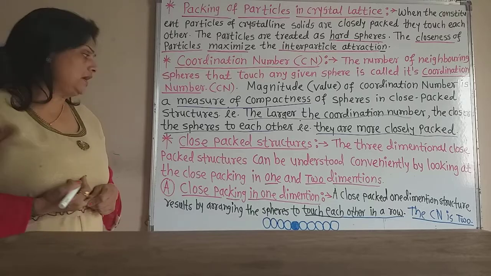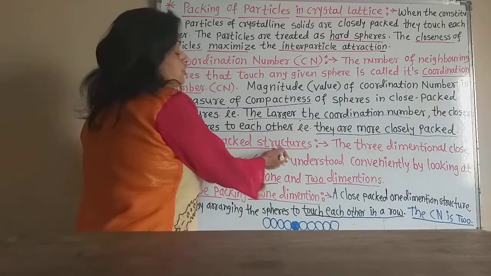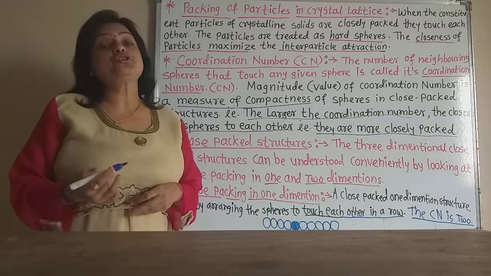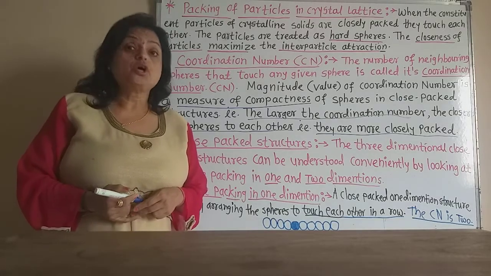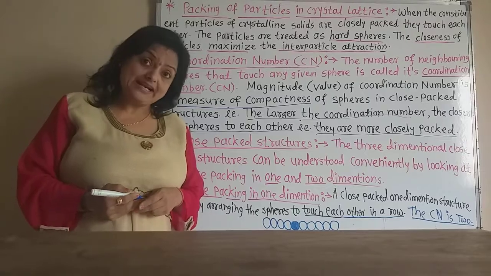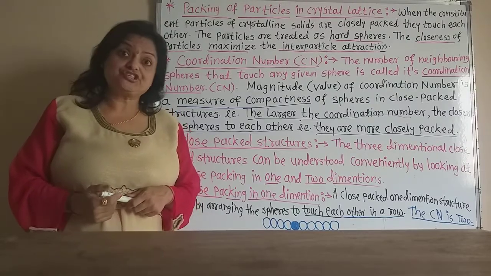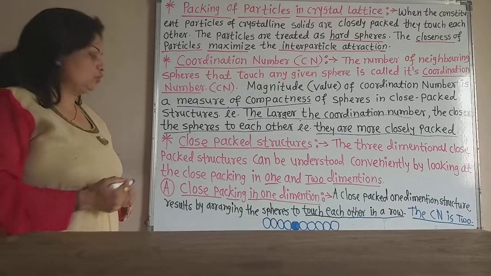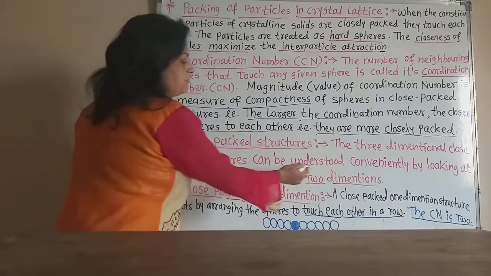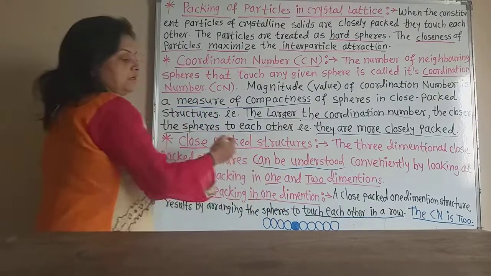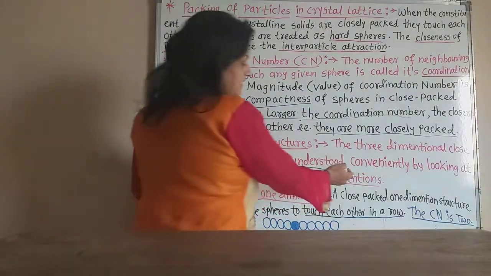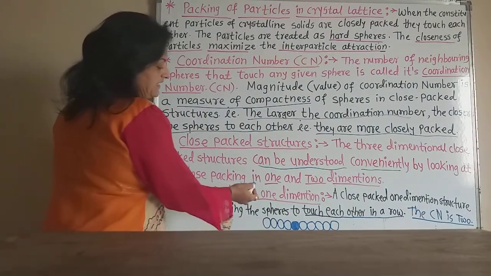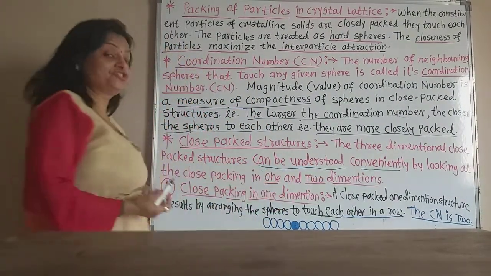Now we have to learn the close packed structures. Before learning the three-dimensional close packed structure, we have to look at one dimension and two-dimensional close packed structure. So the three-dimensional close packed structure can be understood conveniently by looking at the close packing in one and two dimensions.